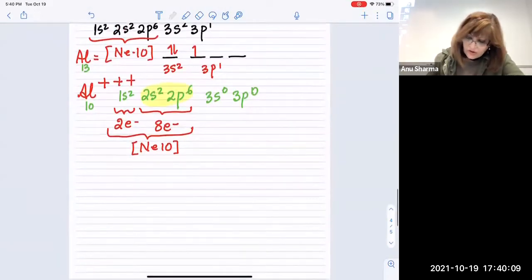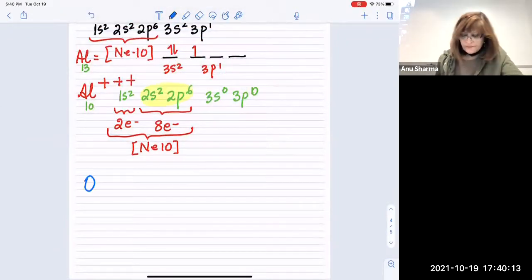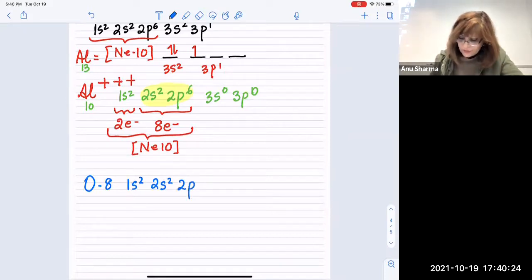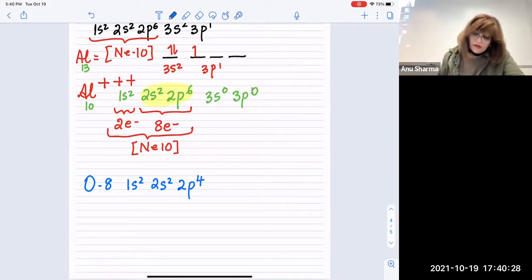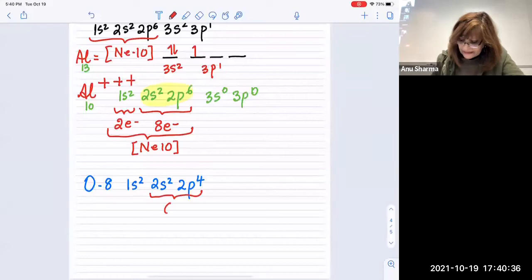But let's look at oxygen. What happens to oxygen? Oxygen has 8 electrons. Oxygen is 1s2, 2s2, and 2p4. In this case, these are the outer electrons, the valence shell, 6 valence electrons.